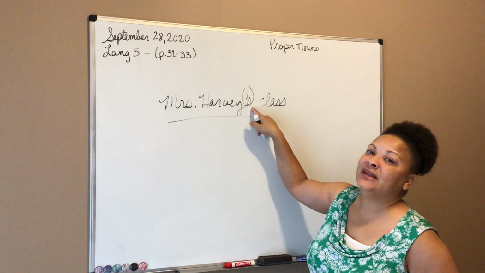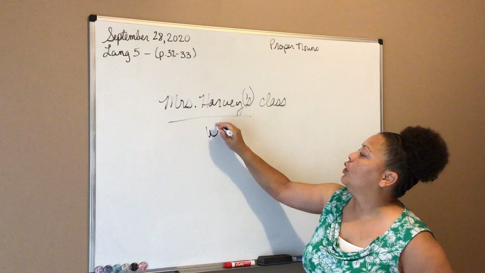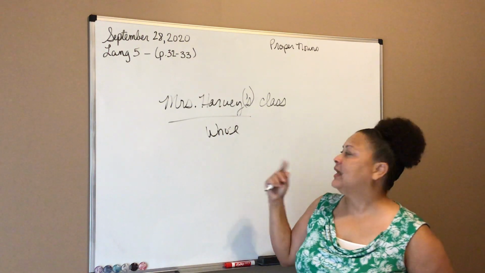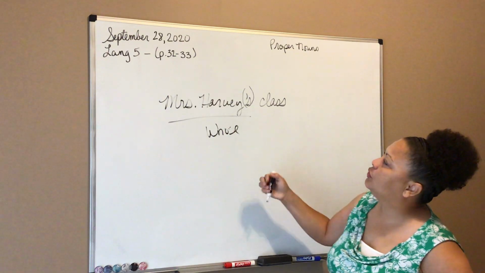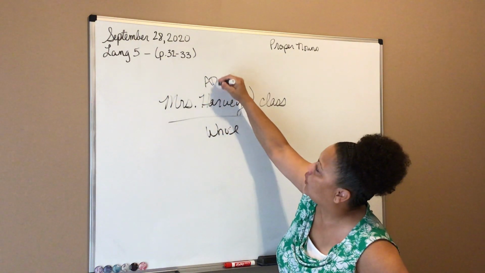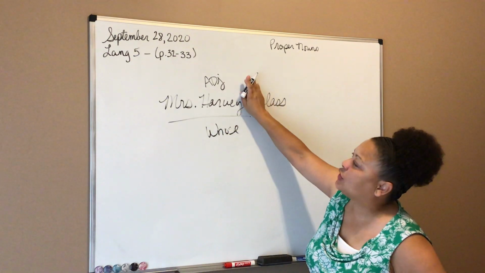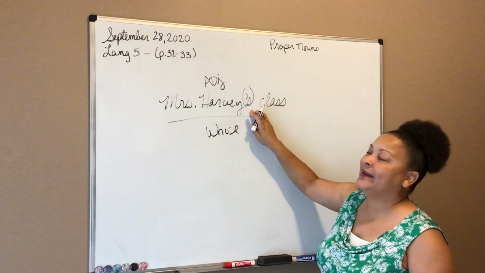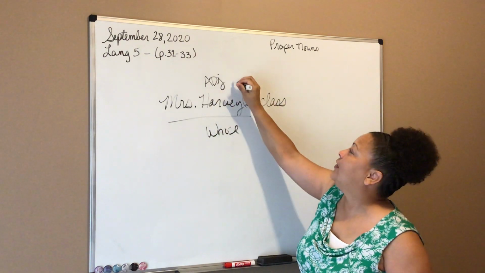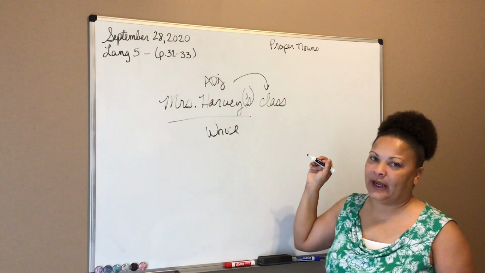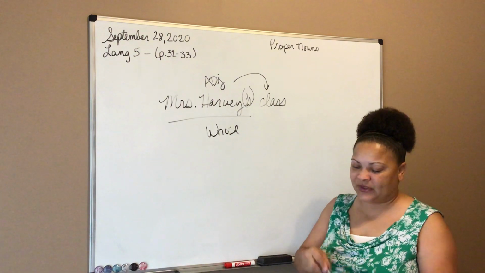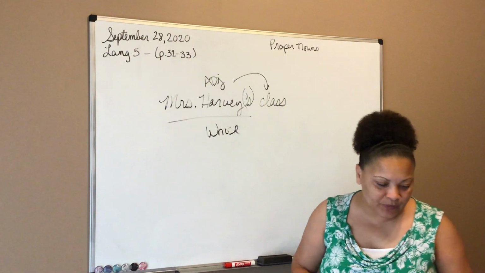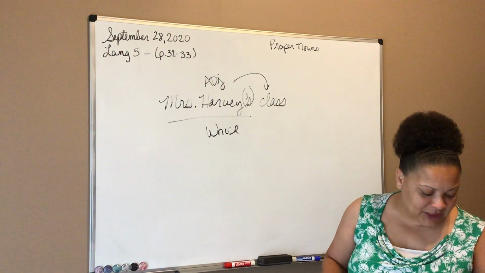Apostrophe S tells whose class. And we'll get to adjectives that tell which one, what kind, how many, or whose. This is now an adjective. This noun, Mrs. Harvey, a person, with the apostrophe S is no longer a noun. It is now an adjective that tells whose, okay? Something belongs to the person if there's an apostrophe S. Okay, something belongs. All right, so please keep that in mind.